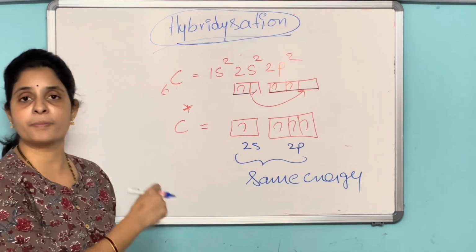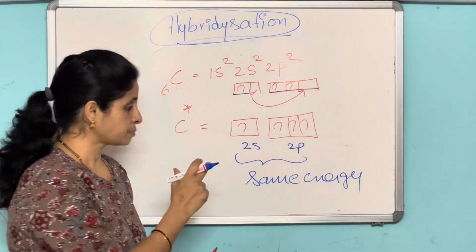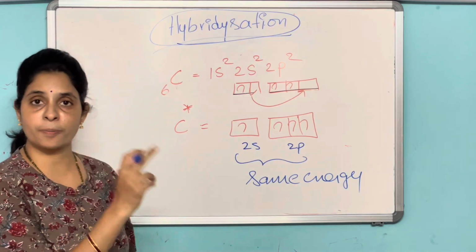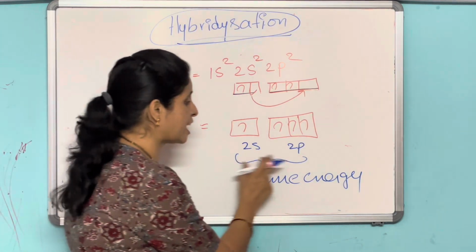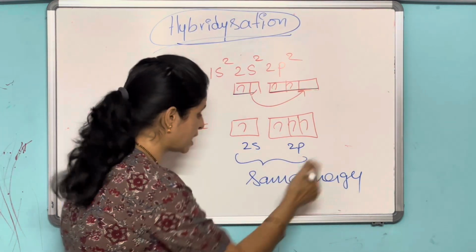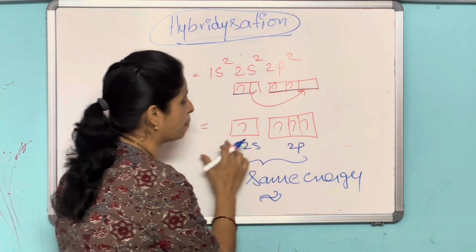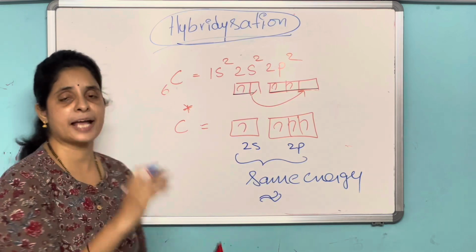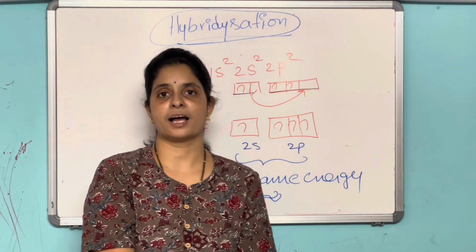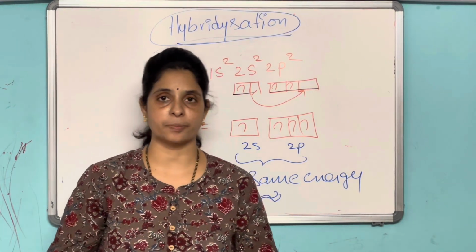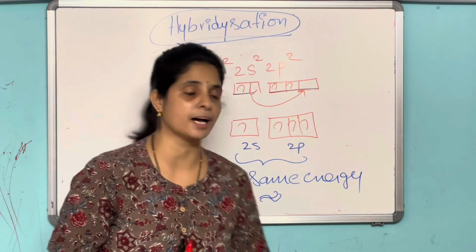Intermixing of atomic orbitals which have the same energy or approximately the same energy recombine to form new atomic orbitals. Those new atomic orbitals we call hybrid orbitals.